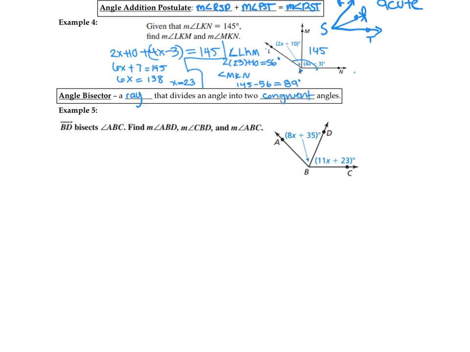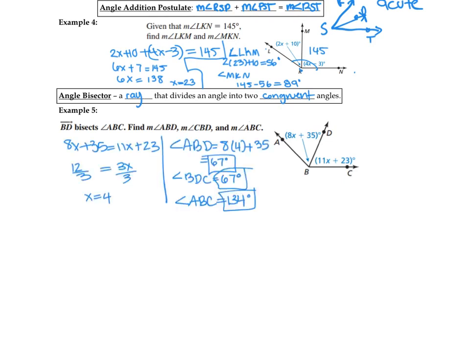All right. So looking at this example, we have BD bisects ABC. Find the measure of angle ABD, the measure of angle CBD, and the measure of angle ABC. I'm going to go ahead and give you guys some time to do this. Actually, go ahead and pause this video and try to do it yourself.